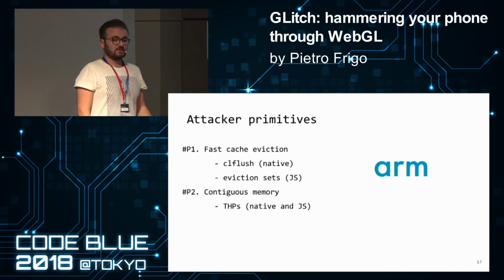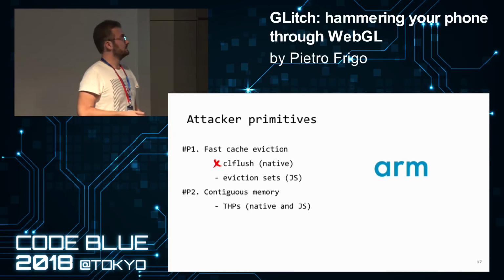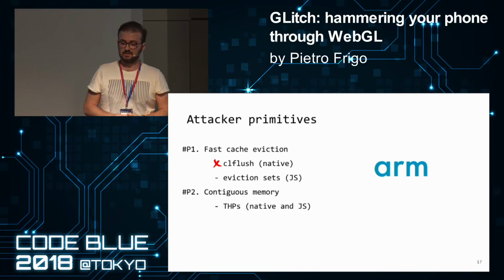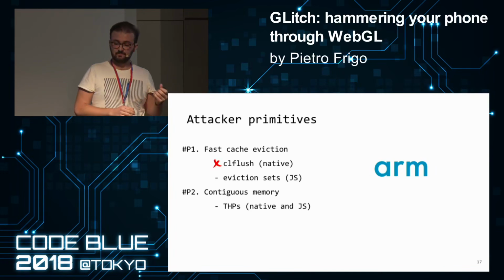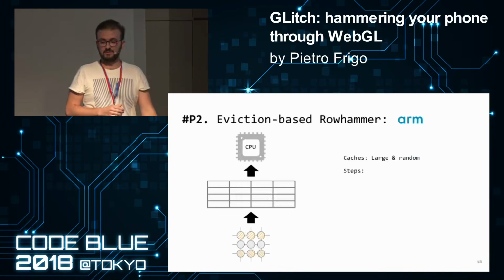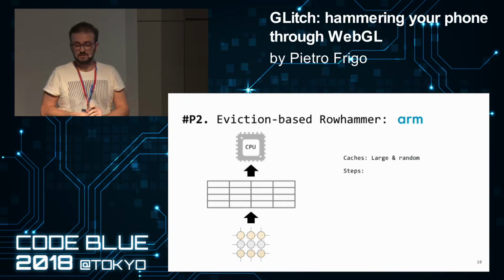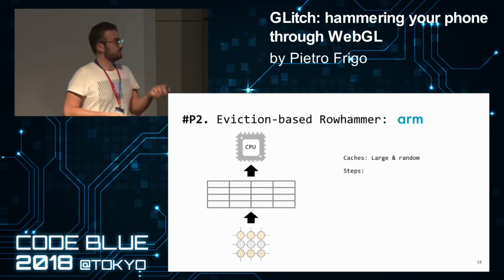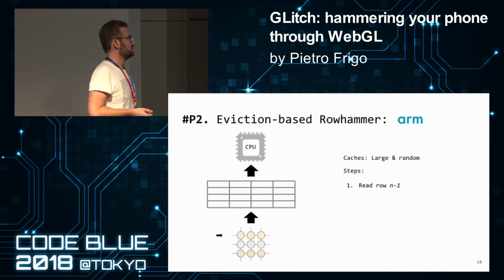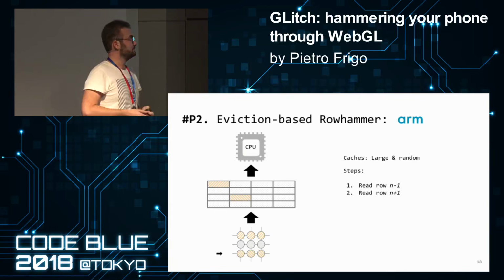Now, when you bring all this to mobile platforms, so on ARM, it turns out that CLFLUSH is a privileged instruction, so you cannot use it in a user-space application. And eviction sets also don't work because the CPU caches are too large and implement a random replacement policy. This means that, for instance, if you want to trigger your Rowhammer bit flip, you touch the first row, and the content goes to the cache, then the second row, and the content goes to the cache.